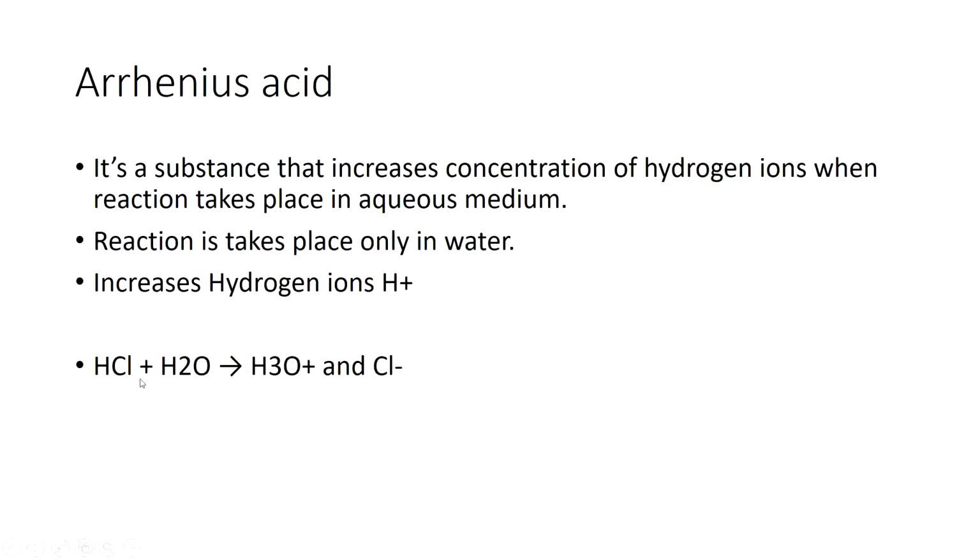So when you have your hydrochloric acid reacting with water, we'll get your hydroxonium, which means you have now 3 hydrogens here. So because of that, that tells you that HCl is an acid, because according to the definition, an acid is a substance that increases the concentration of hydrogen ions, right?